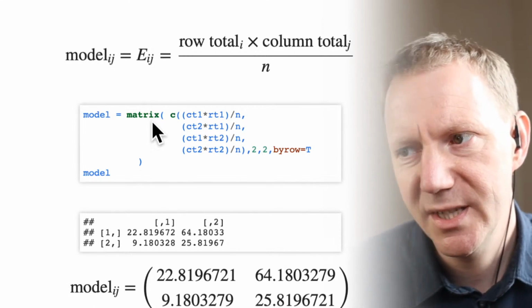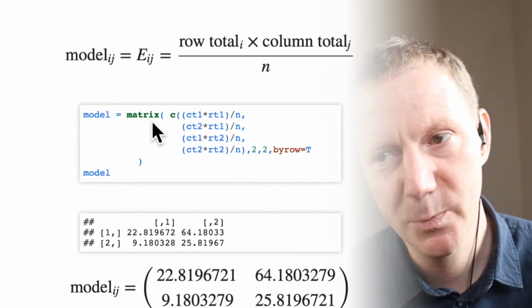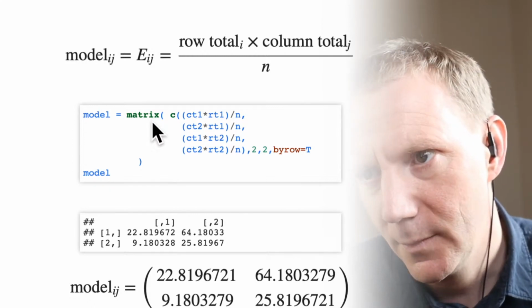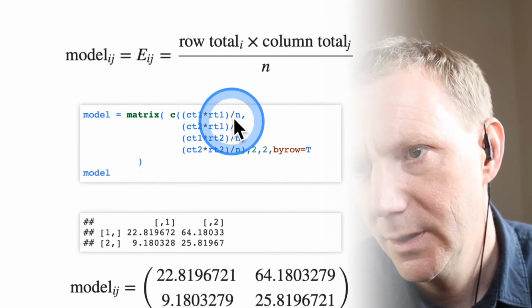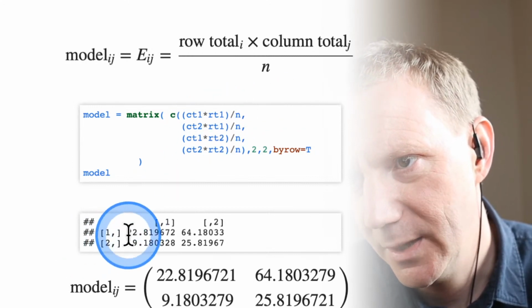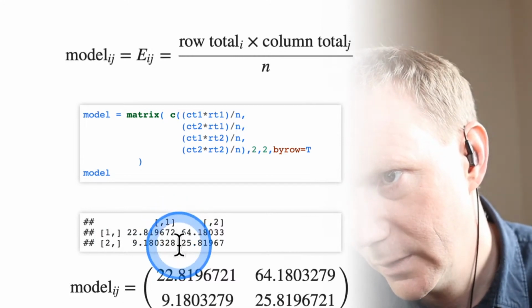What it results is a matrix again, but then with the expected frequencies for each cell. So doing that and putting it in a matrix again, I see that we have 22, 9, 64, and 25.